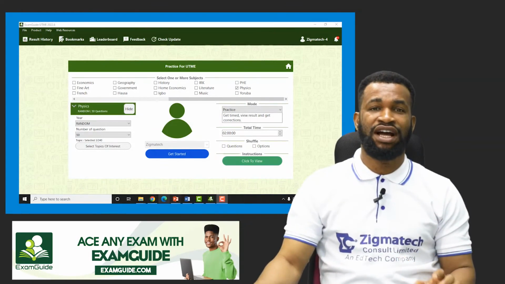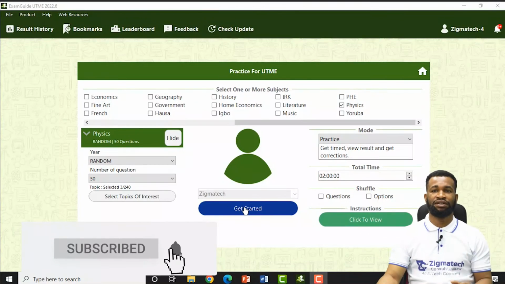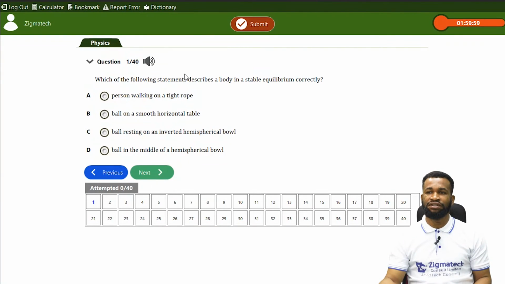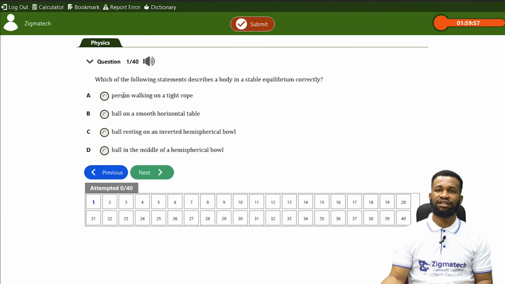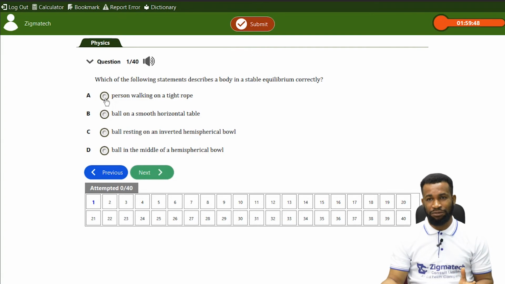Okay, you're welcome. We are now in the Examguide app, and this is the app for UTME. Let's get started. In this one, we are going to be having a few of these questions. Number one says, which of the following statements describes a body in a stable equilibrium? Option A, a person walking on a straight rope.